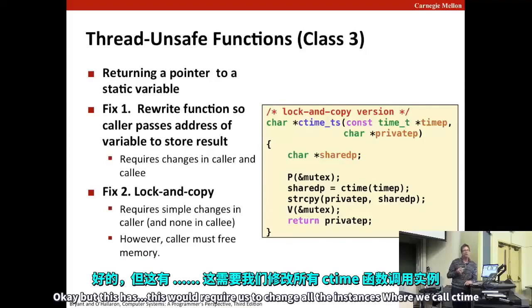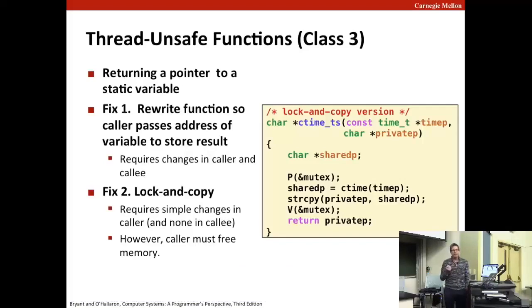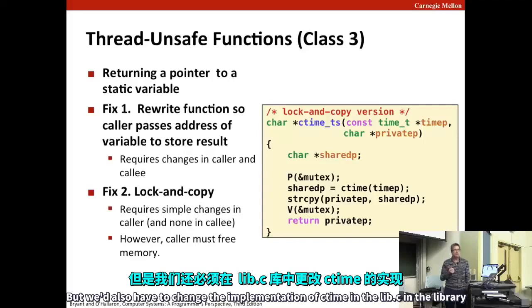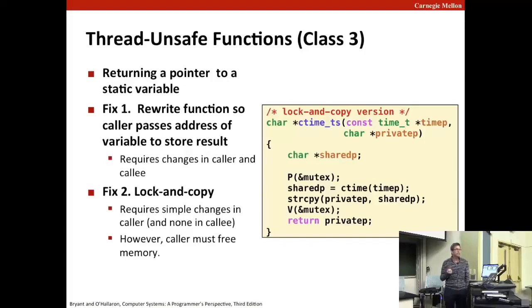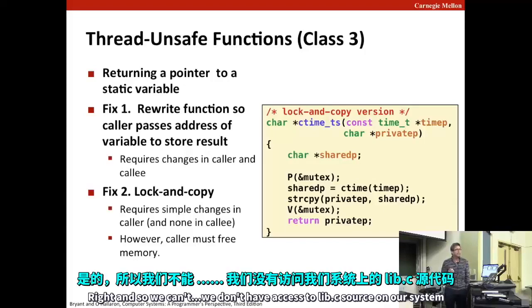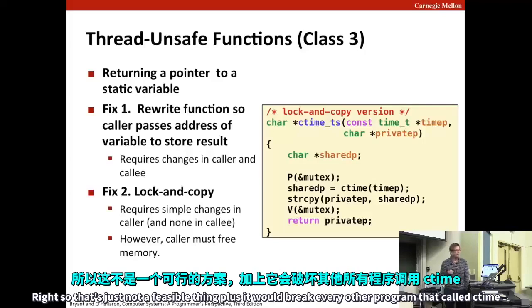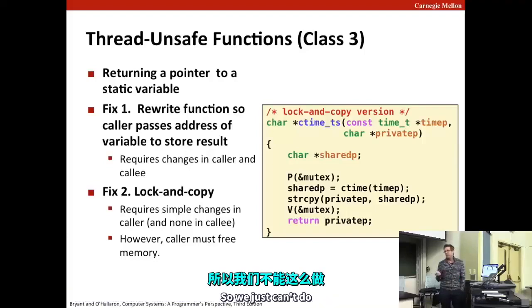Okay, but this would require us to change all the instances where we call ctime. But we'd also have to change the implementation of ctime in the libc library, right? And we don't have access to libc source on our system, right? So that's just not a feasible thing. Plus, it would break every other program that called ctime, right? So we just can't do that.